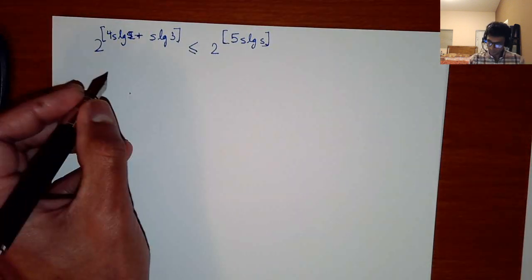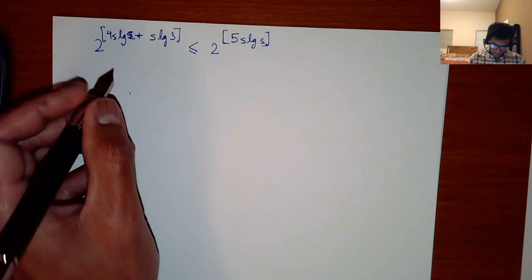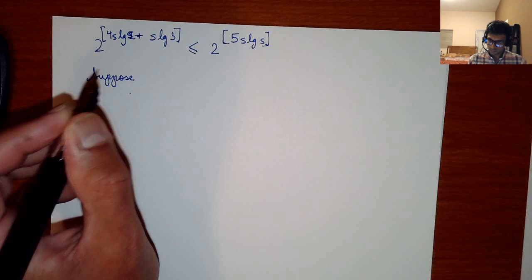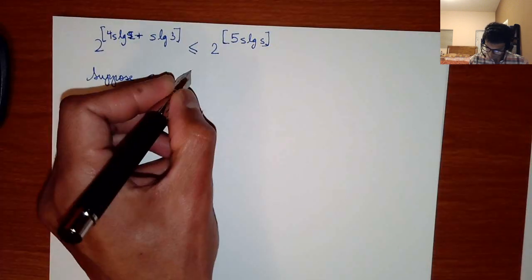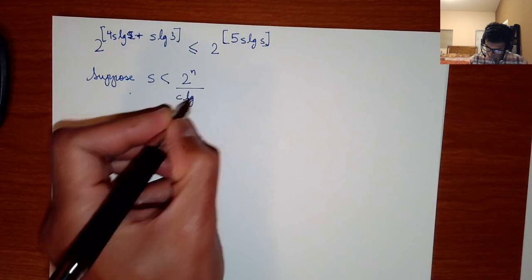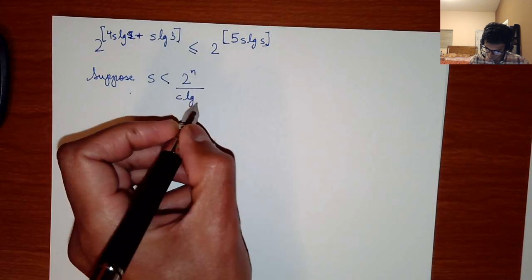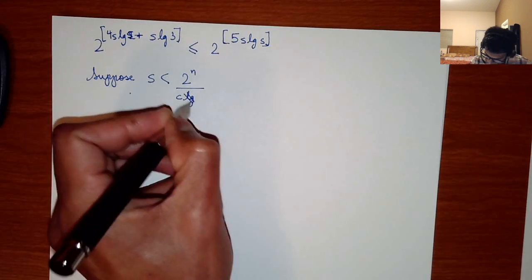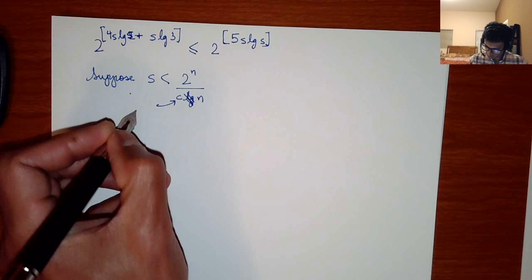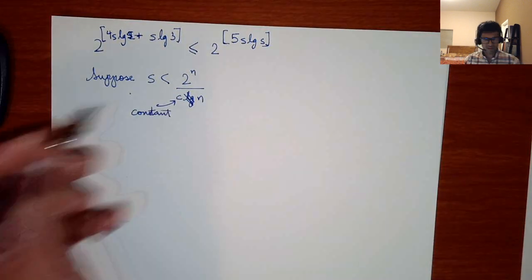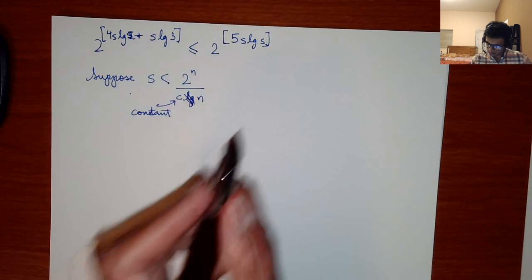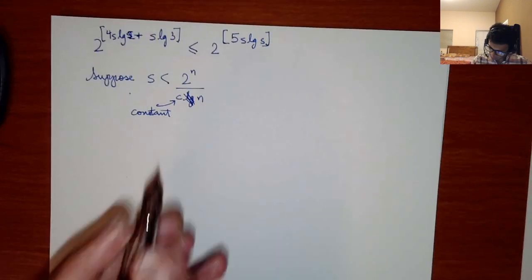Okay. So now suppose S is less than 2 to the n divided by c times n. This is just going to be some constant; we can pick this constant appropriately. Let's go ahead and plug this bound in.